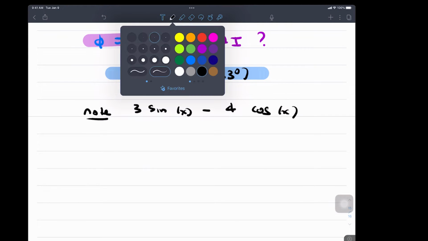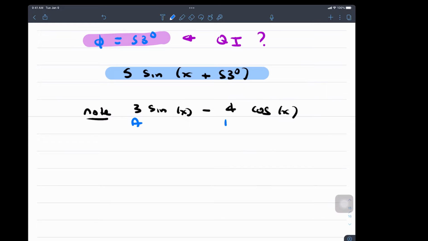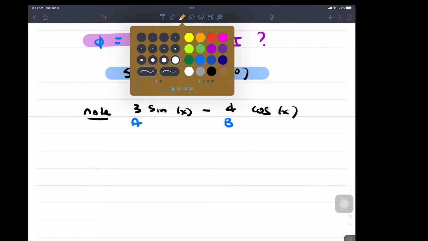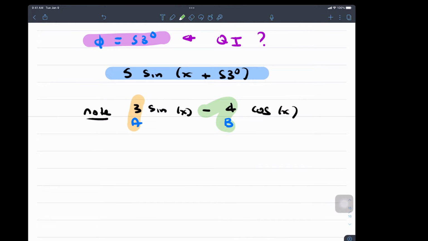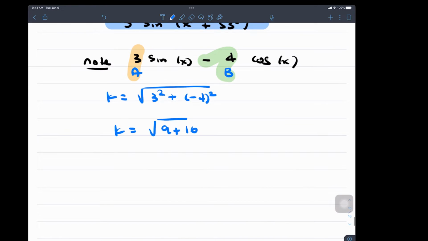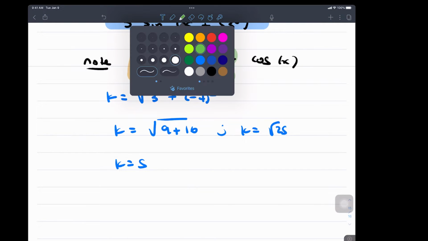Remember, this is still going to be A, and this is going to be B. K will be what? Square root of 3 squared plus negative 4 squared. Square root of 9 plus 16. That's still going to give you what? 5 for K. Is that true? So K here is 5.